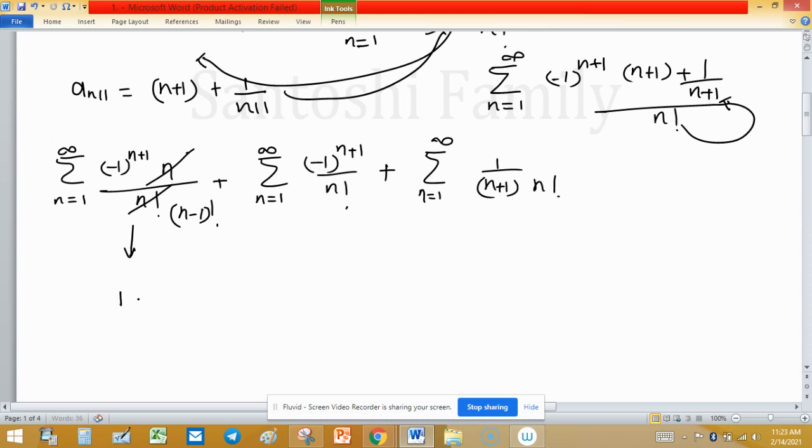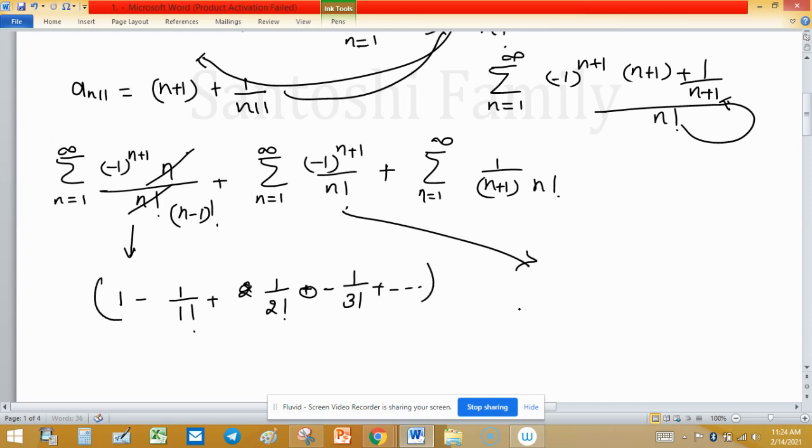So 1 minus 1 upon 1 factorial plus 1 upon 2 factorial when n is 3, minus 1 upon 3 factorial, and so on.